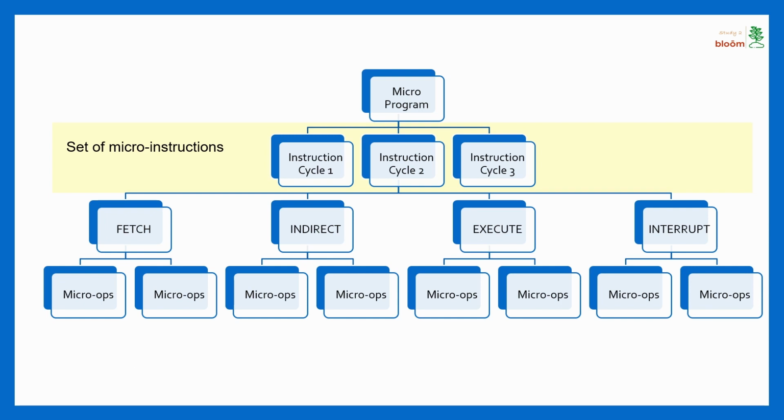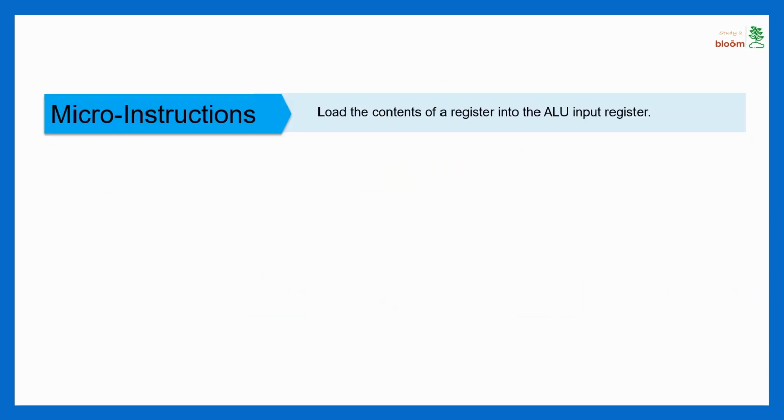Usually we see fetch and execute in an instruction cycle. In each phase, several micro operations can be executed. Now you would be wondering, what are micro instructions, what are micro operations, and what are instruction cycles. Let's learn them one by one.